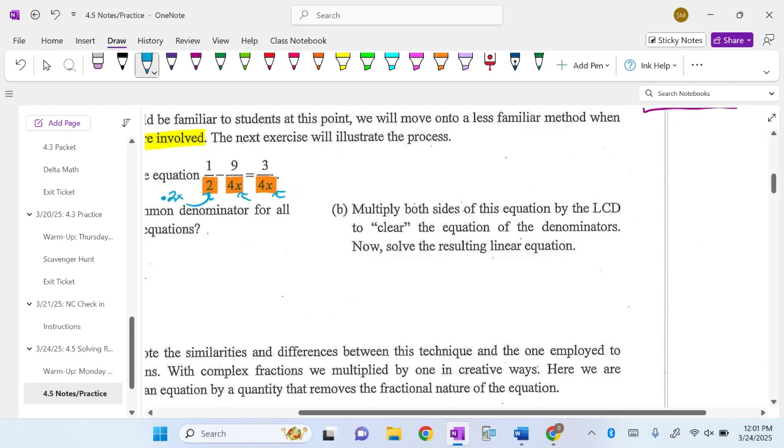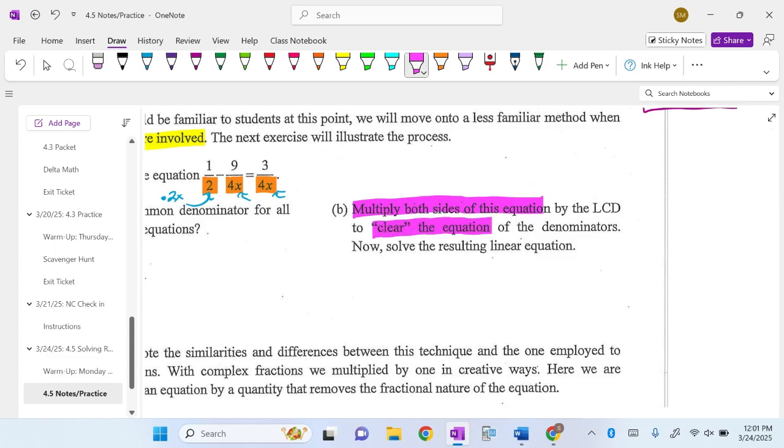Now, we then multiply both sides of this equation by the LCD to clear the equation of the denominators. Like I said last week with complex fractions, the goal is to get the denominator to divide out. So we're making the numerators bigger so that the denominators go away. So I'm going to rewrite this equation. 1/2 minus 9 over 4x equals 3 over 4x.